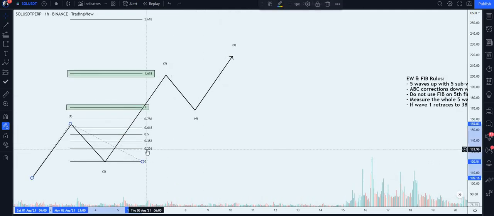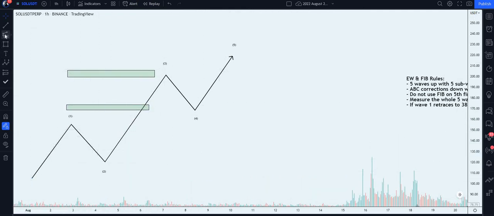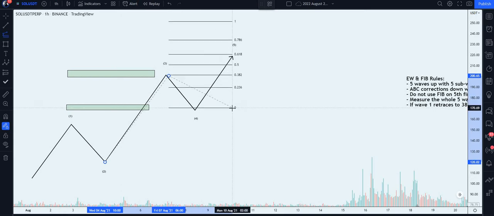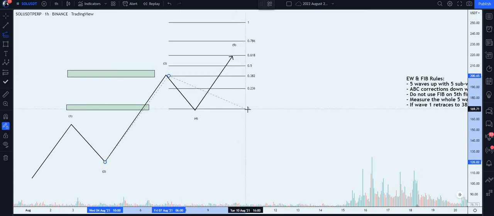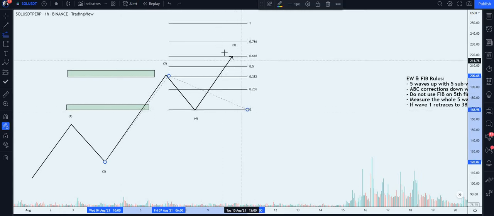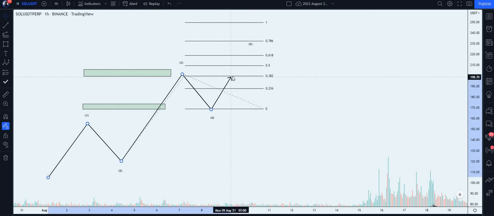If you now are measuring for wave 3, from the bottom here, the beginning of this wave 3, to the top, and you're trying to figure out where this fifth wave is going to go, it's not always common that you'll get a 1-to-1 extension on the fifth and final wave. This final wave can take many different forms. It can be very short, it can be very steep and aggressive, or it can be very extended.